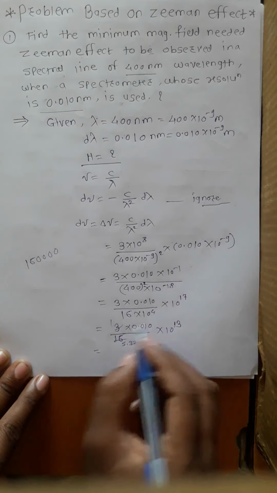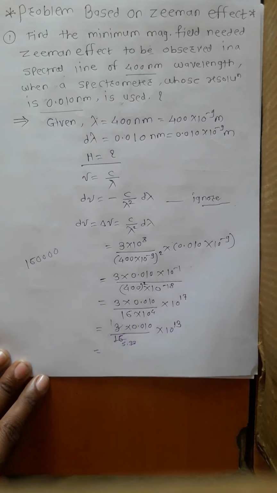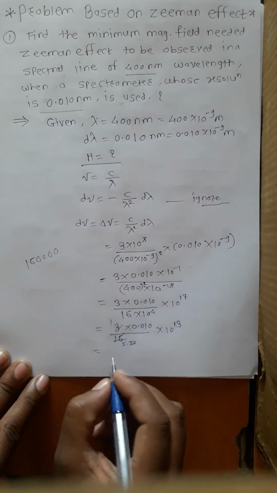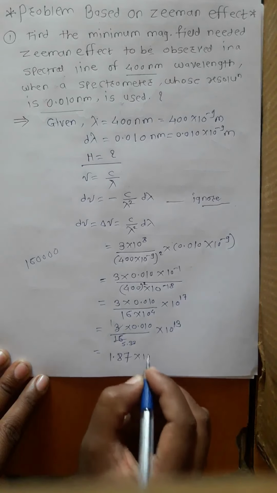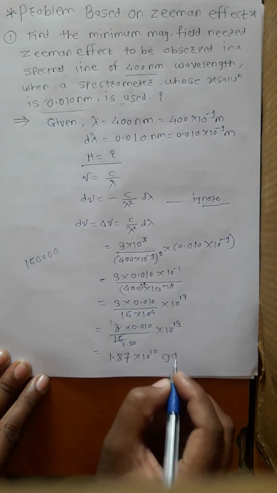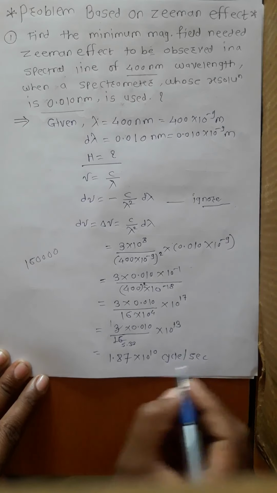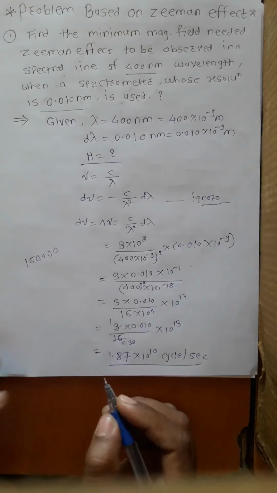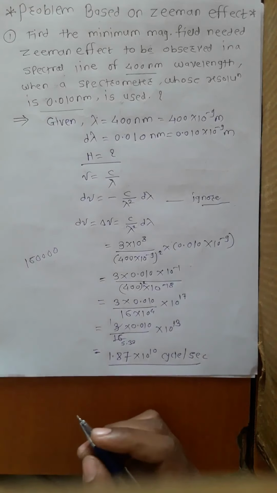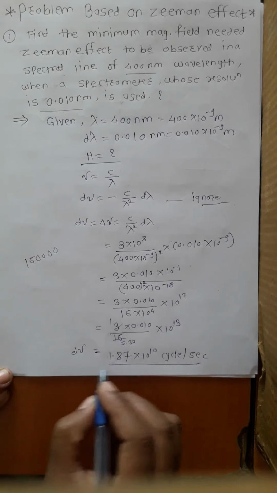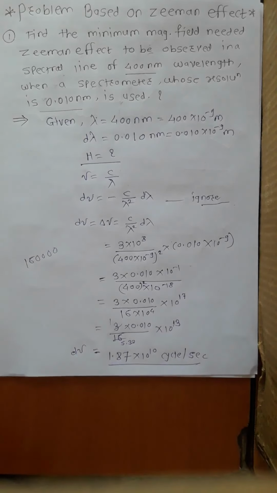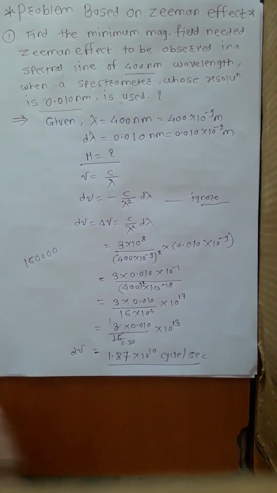After this calculation, we will get the value of 1.87 into 10 raised to 10 cycles per second. You have to solve simultaneously. d nu is equal to 1.87 into 10 raised to 10 cycles per second.